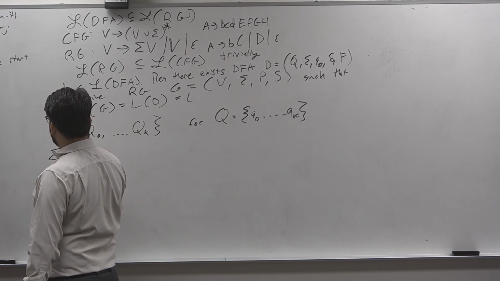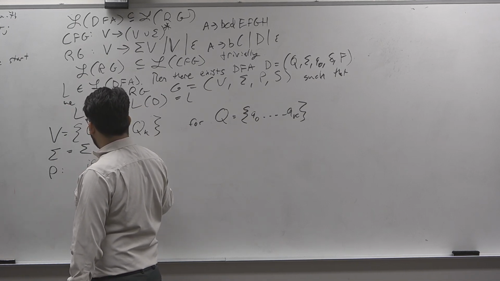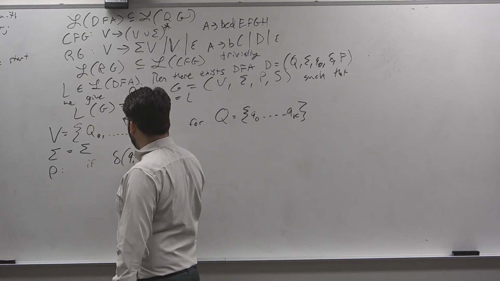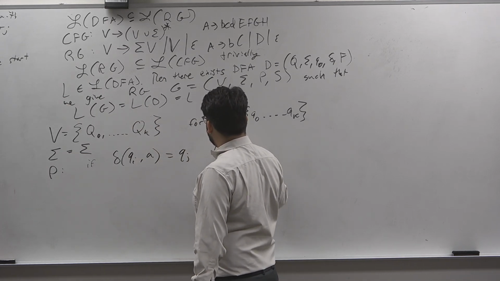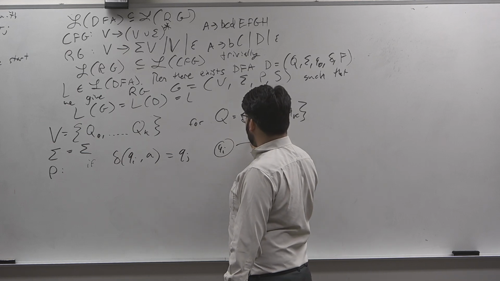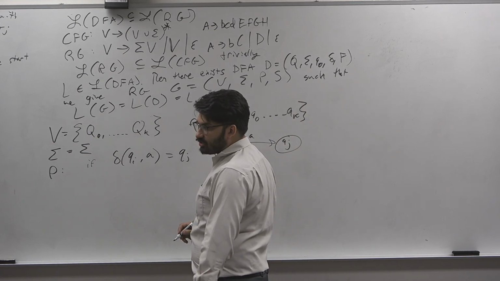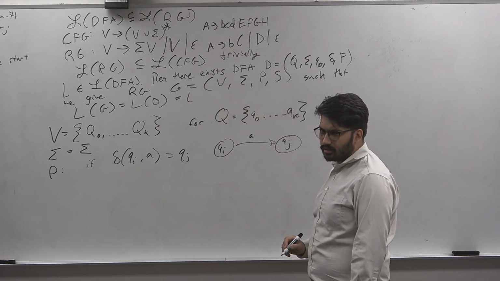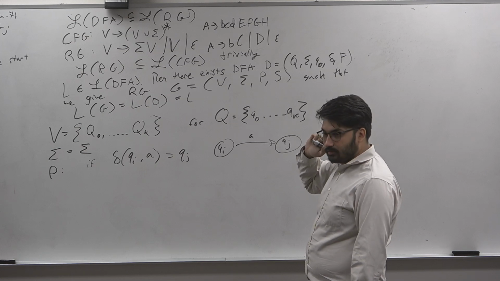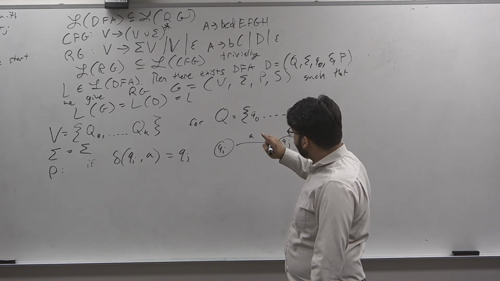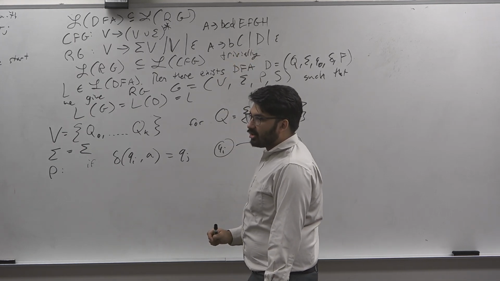Now the productions are going to be as follows. If we have in our transition function delta of QI, A equals QJ, that is, some state QI on an A, or any symbol, goes to QJ, what kind of production are we going to add?